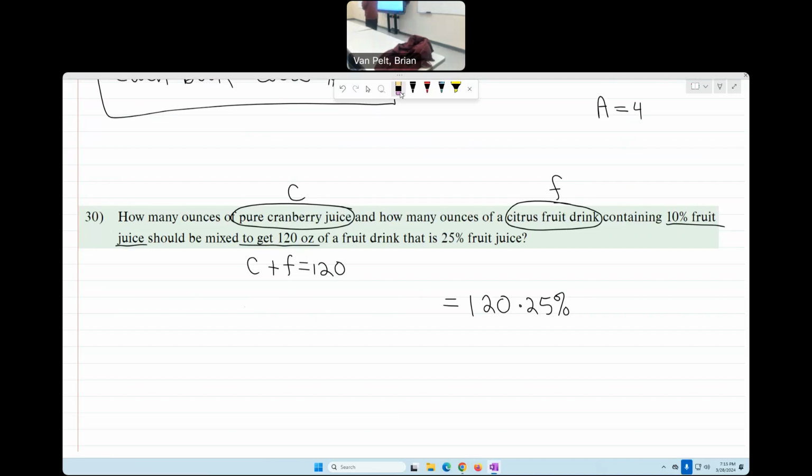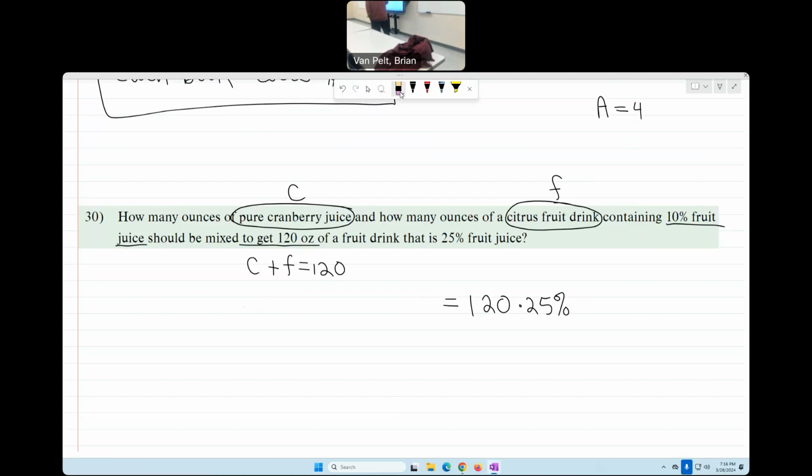Right, exactly. So what we're getting here is 120 ounces of this stuff, but it's been diluted down to 25%. I don't know if that's the right word to say. Now, okay, I see what you're doing. How many ounces?